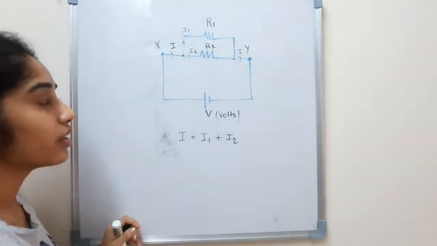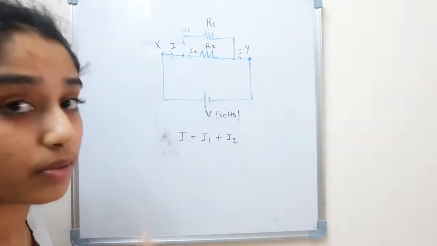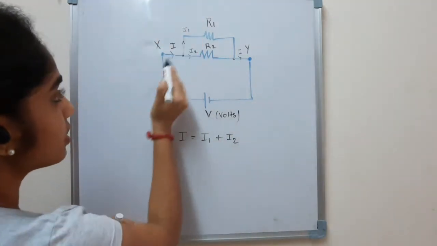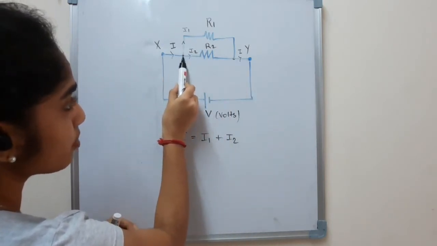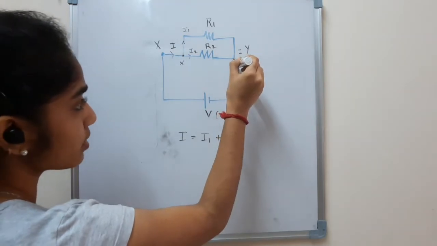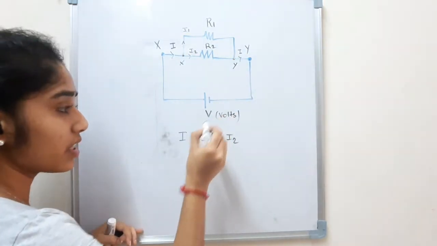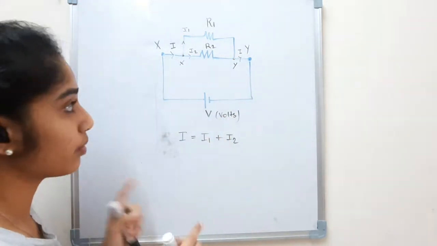And also, the voltage across these resistors will be the same. Let's see how. Since these are just plain wires, we can consider this point as X and this point as Y. So V is measured between two points, right?